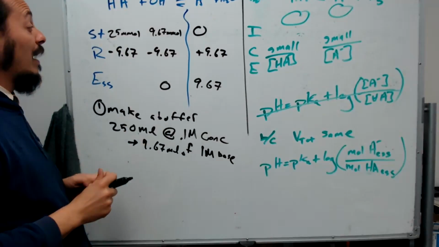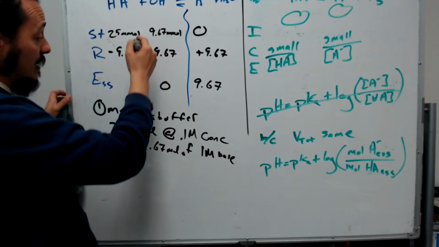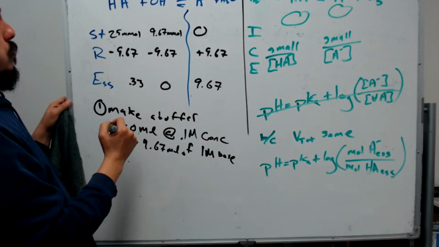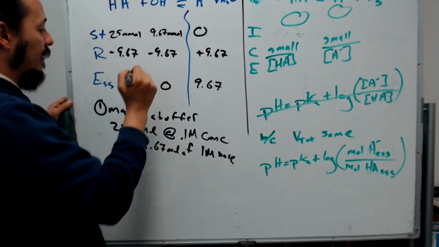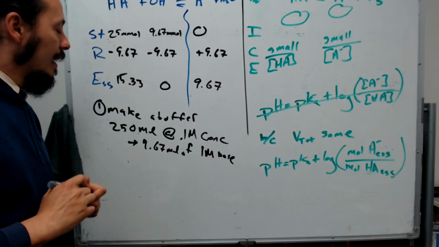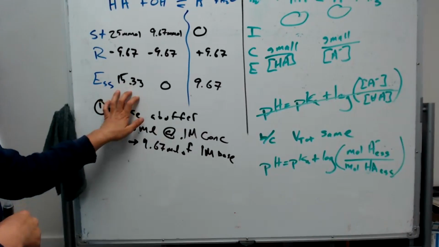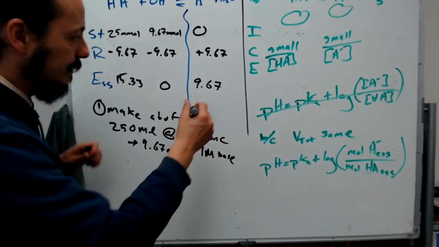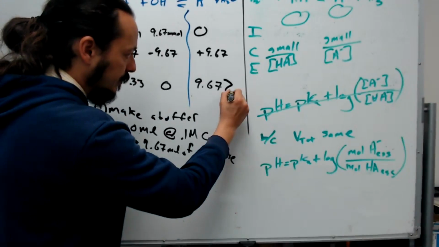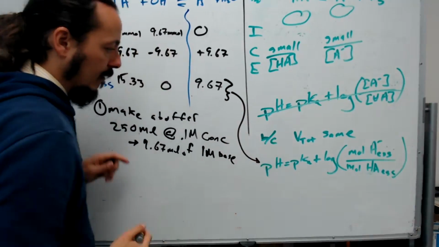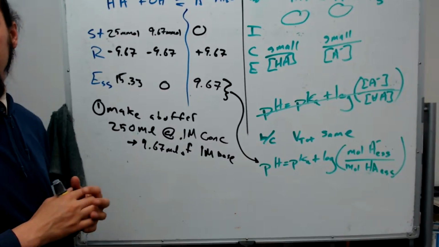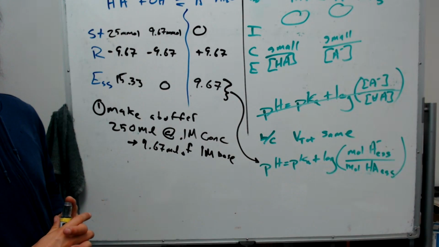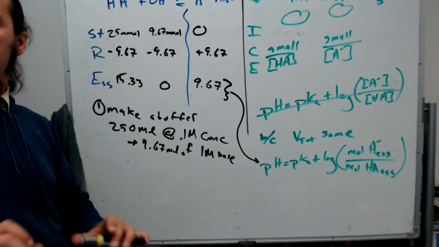And 25 minus 9.67 is 15.33. Now, if we plug 15.33 and 9.67 into this equation here, we should get your target pH. That is to say, the pH that you were trying to make. Right? That's for making the original buffer.